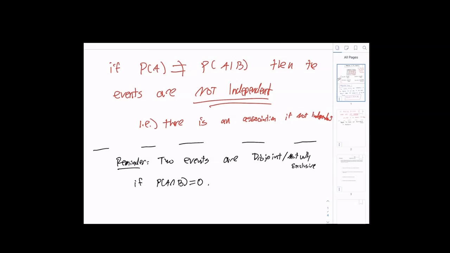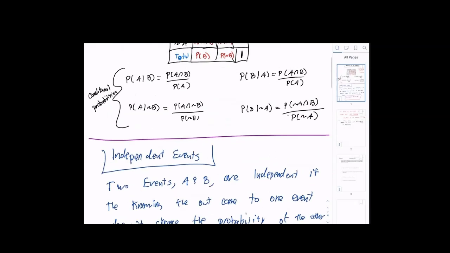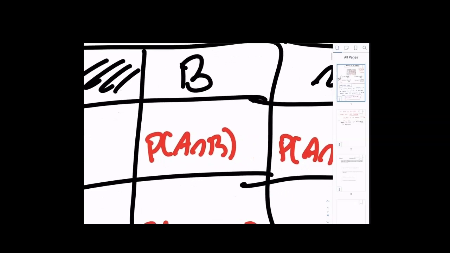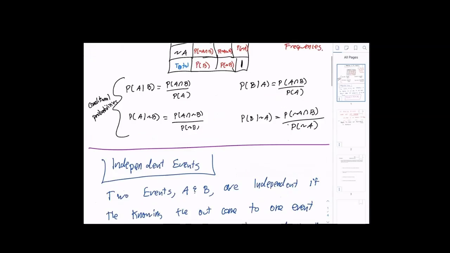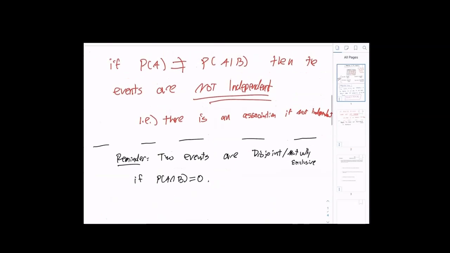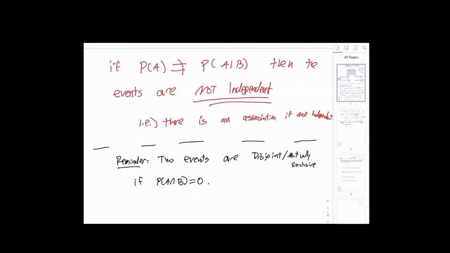In most of the problems that we're doing right now, they are not mutually exclusive because there can be an intersection, but some questions in your homework tonight might ask, are the events mutually exclusive? Well, can A and B happen? If they can, then the answer is no. Mutually exclusive means that you cannot have A and B, so the probability right here would have to be 0 in order for them to be mutually exclusive. That top left box, if it's not 0, then the answer is no. Questions?